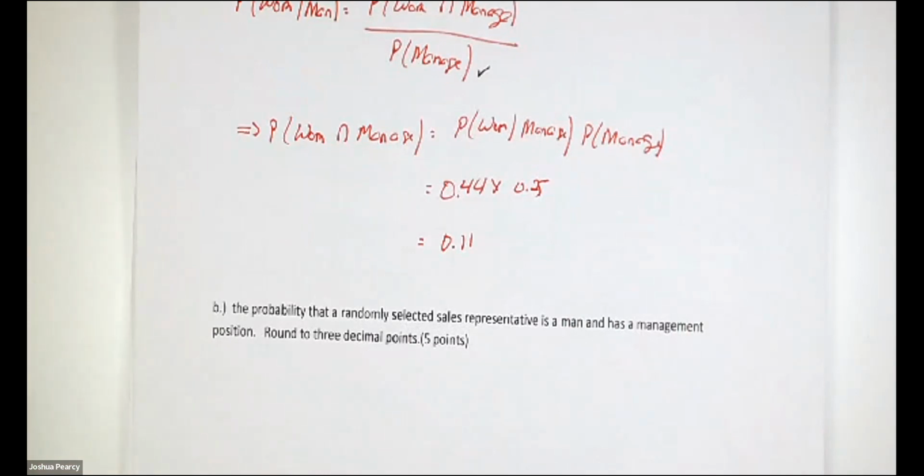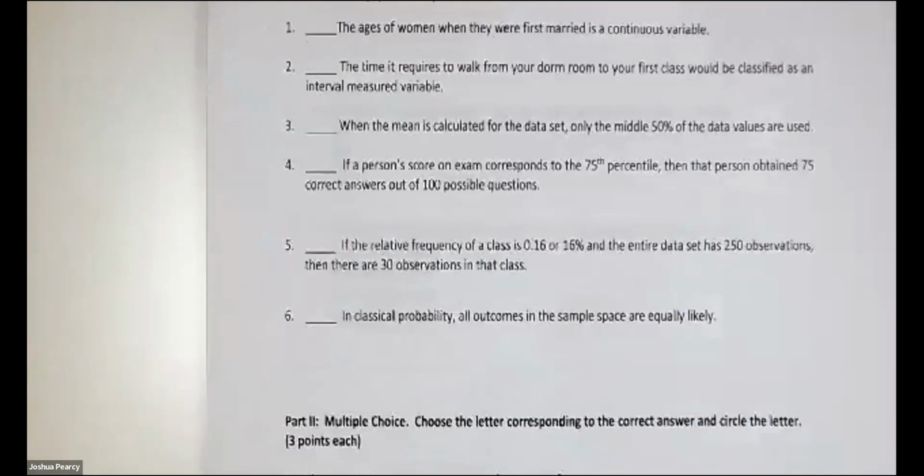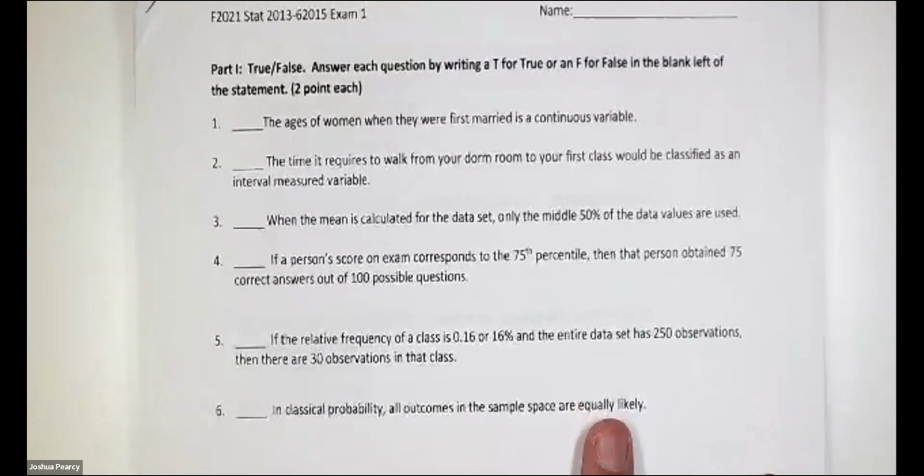If you're curious, both of the keys for your practice exam are up if you want to look at them. There is one tricky question on there. Well, I guess there's a couple. The first one says the age of women when they were first married is a continuous variable.